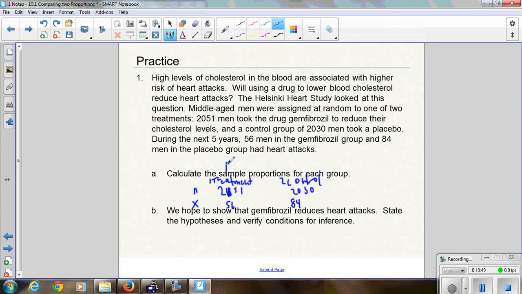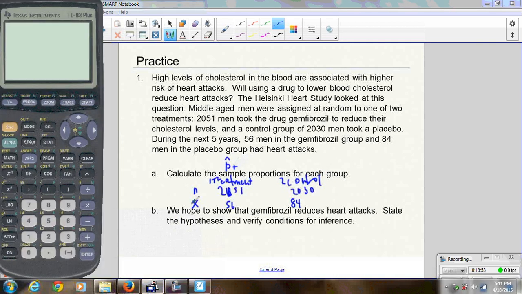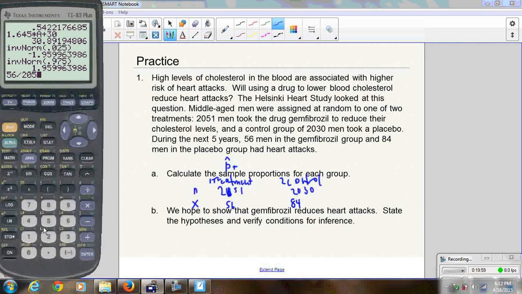So the p hat for my treatment group is just going to be 56 out of 2051. On my calculator, I'm going to store that in a variable since it's not an exact number.